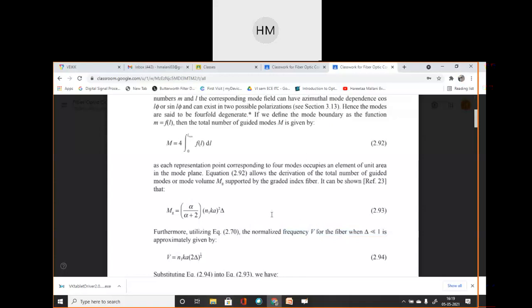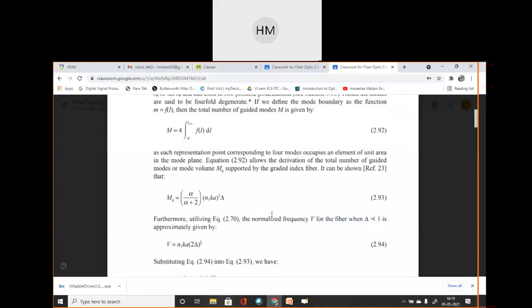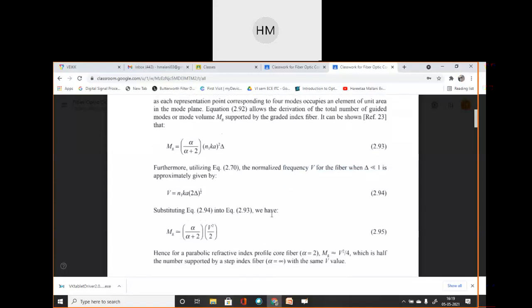Now substituting equation of V into equation of Mg, you will get a new equation given by Mg approximately equals to alpha upon alpha plus 2, V square by 2. We are substituting this term over here.